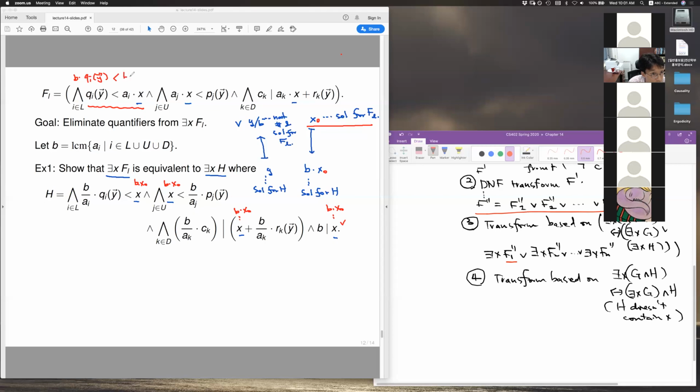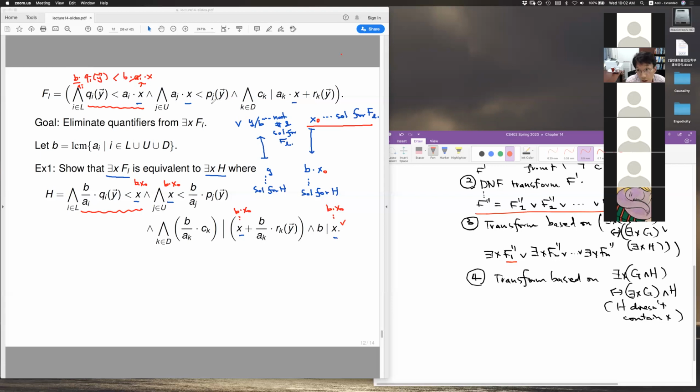So write down B of AI. If this is true, then the one above is going to be true. Now, if I divide AI from both sides, this will also be true for a specific number x, and then Qi Y bar. But now B is an integer. B divided by AI is also an integer because B is a least common multiple. So that shows that the constraint we are talking about is true. So you can reason like this.